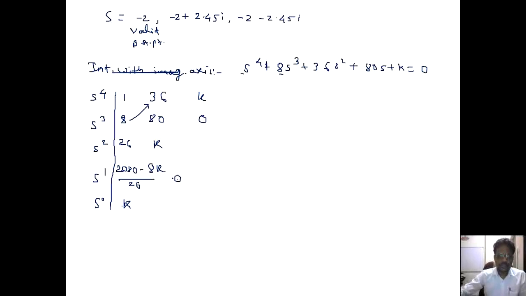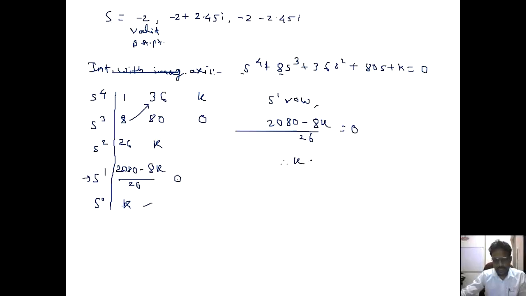Now calculating the marginal value of k, considering the s raised to 1 row. So 2080 minus 8k divided by 26 equal to 0. So this becomes 0. 2080 is equal to 8k.